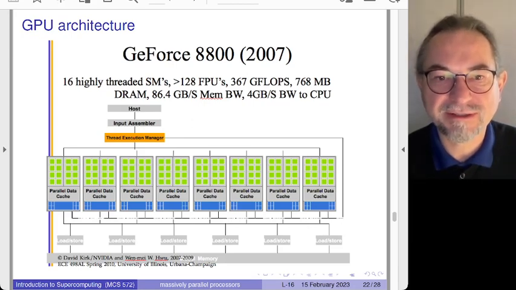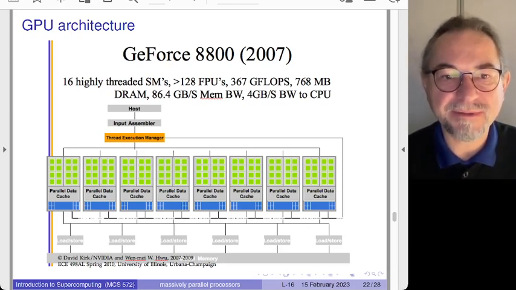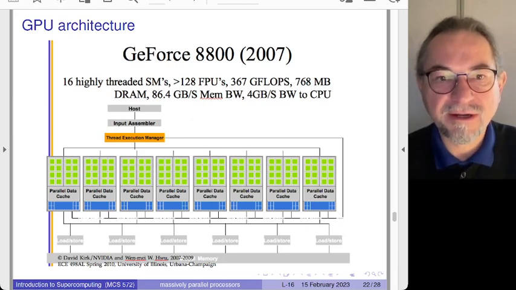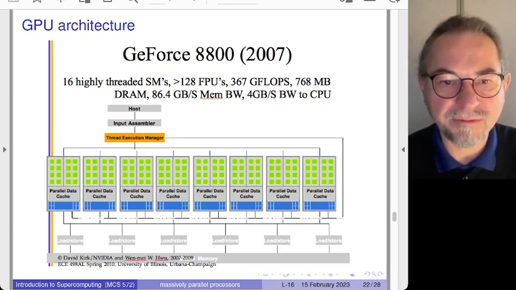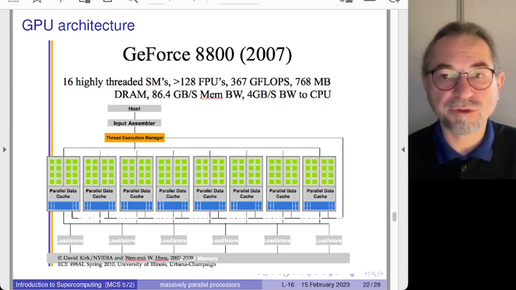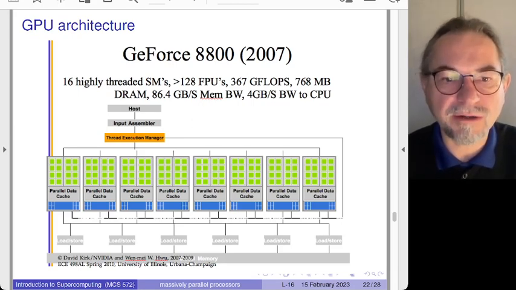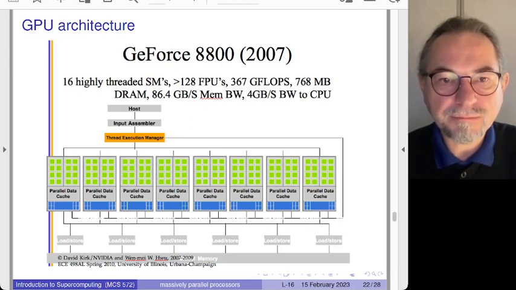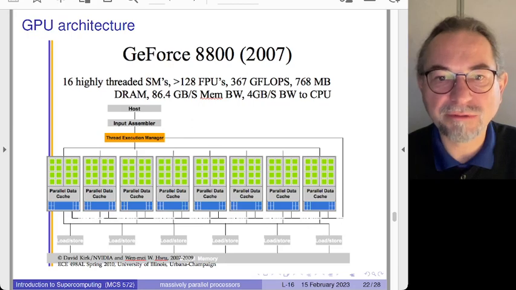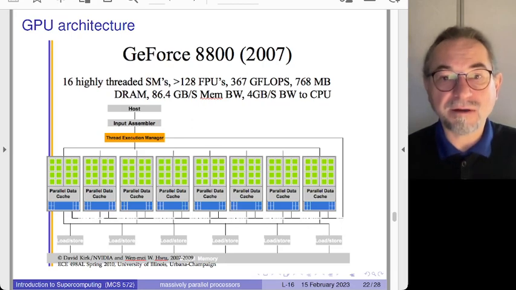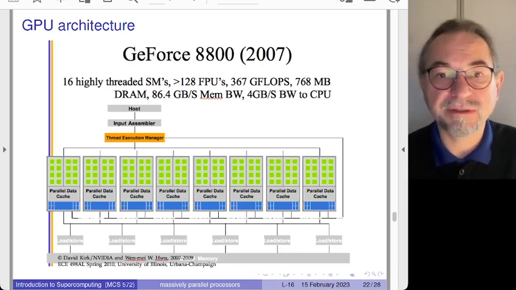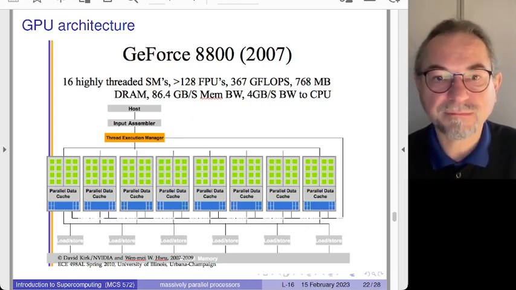Okay, here is a picture that I have stolen. There was the schematic diagram. Here is the picture that I've taken from slides of the course of the textbook that I'm following now. This is the older graphics card with 16 streaming multiprocessors, and that was already capable of half a teraflop, but then most likely single precision.